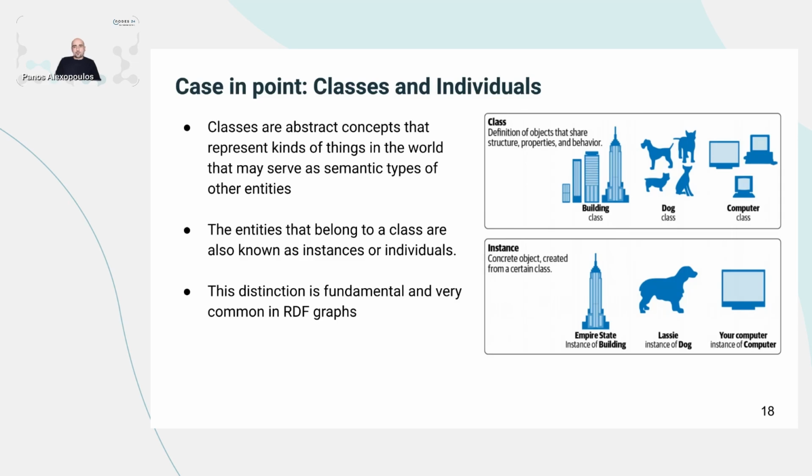Let me explain this through an example. When we build ontologies, when we build knowledge graphs, a typical distinction that we make is between classes and individuals. A class is a concept that represents kinds of things in the world that may serve as semantic types of other entities. For example, we said Tom Hanks is an actor, or is a person.